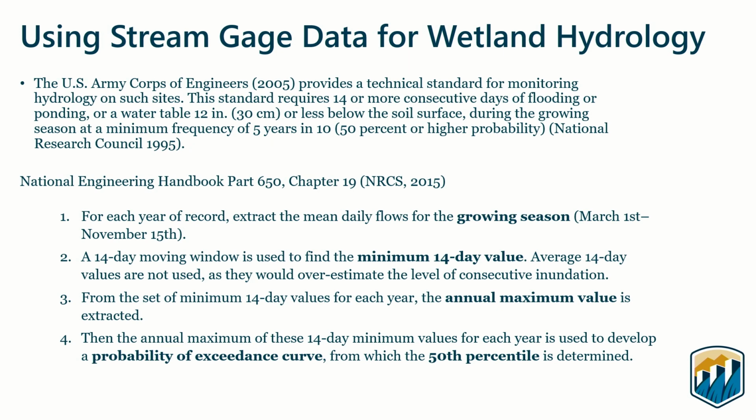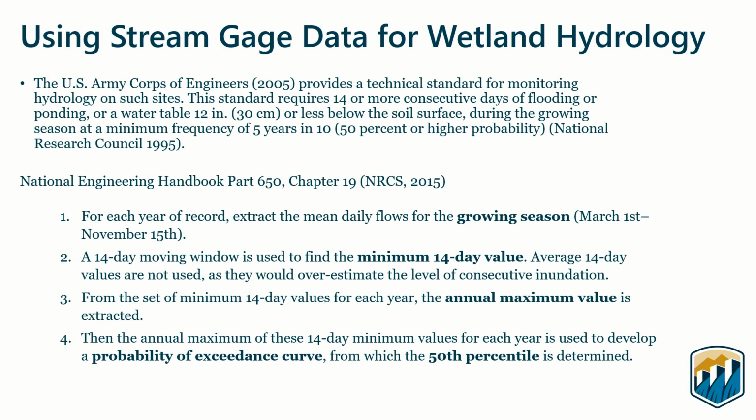Basically the idea is you take each year, cut it down to the growing season, and then take a moving 14-day window through the growing season data and pick out the minimum 14-day value from that moving window. Then you take the annual maximum of those minimum values.